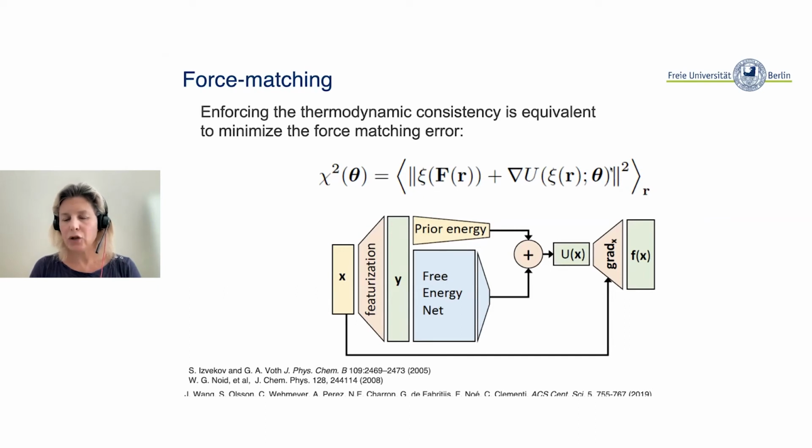But again, a lot of the functional forms that were used were two-body, and those don't work. I just showed you that we need multi-body terms. So instead of restricting the functional form to two-body or trying to correct with three-body, we decided to put a neural network for the energy U, so that in principle you can approximate any function if the network is expressive enough.